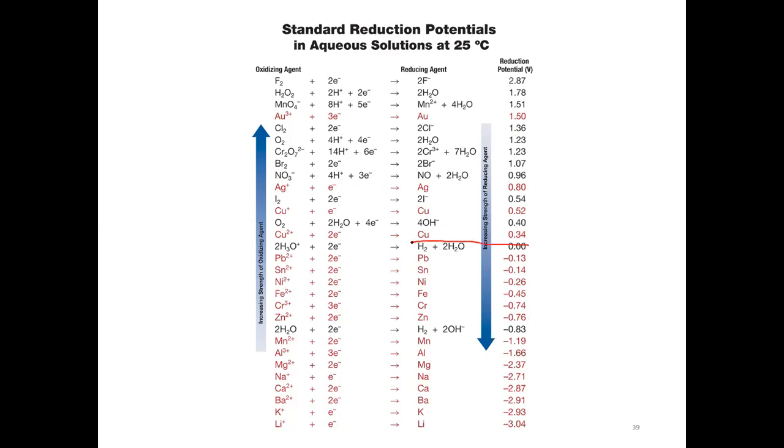The electrical potential is referenced to 0 at the hydrogen ion, and everything goes from there: going up are positive numbers, going down are negative numbers. This is a reduction potential, for example, if you have F2 as your oxidizing agent. You come here and pick up your number from this list.